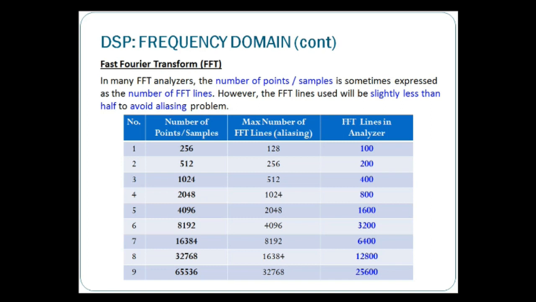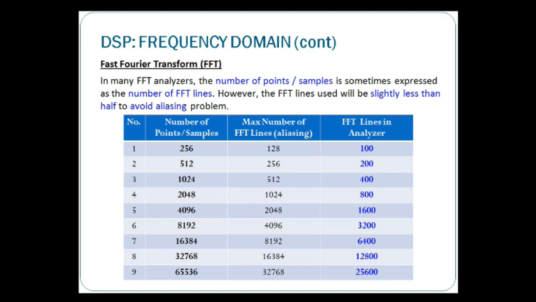In many commercial analyzers and commercial measurement systems, they don't represent the number of samples that you want to use for converting from time domain to frequency domain. In fact, they use a number of lines, or FFT lines, when converting to the frequency domain.